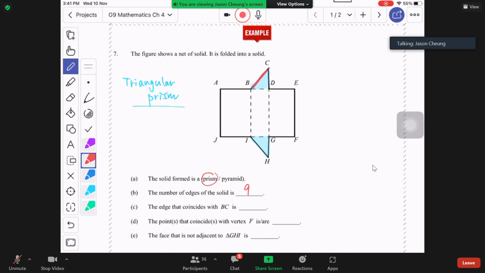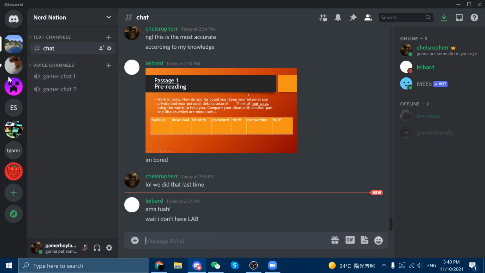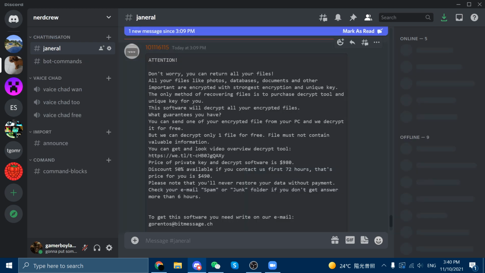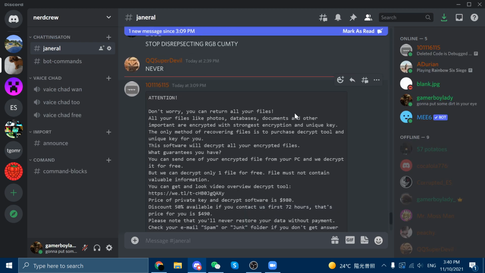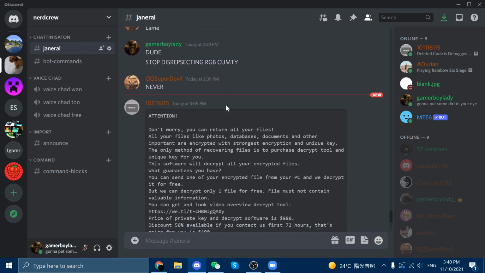This side, BC, will stay with this side, right? So therefore, the edges will be BA. But you may think that, can I write down AB? No, AB 係錯嘅. The reason is that here, BC, so B and C. So the corresponding one, B with B and C with A. So therefore, we say that BA will be the edge that coincides with BC.